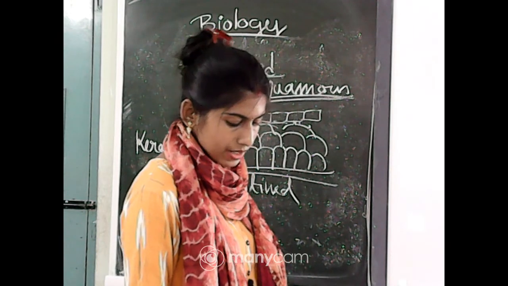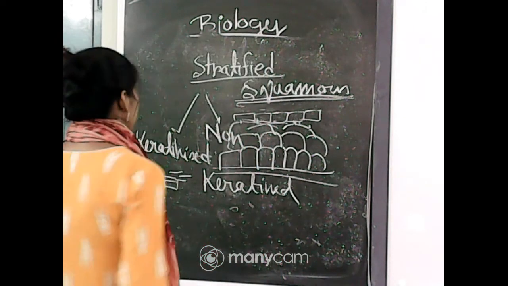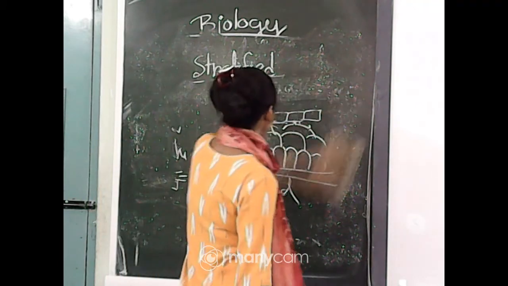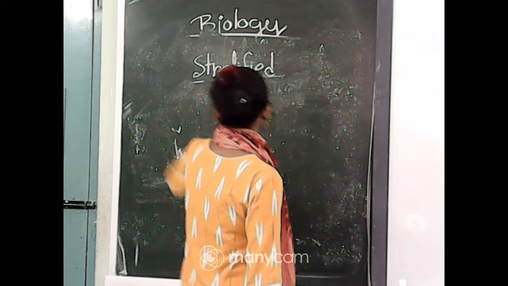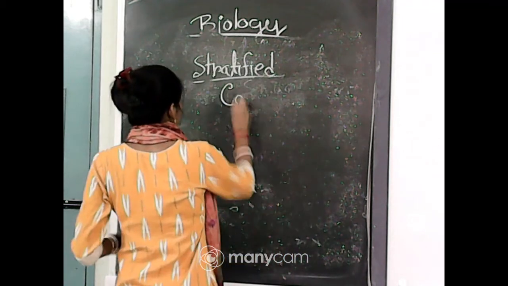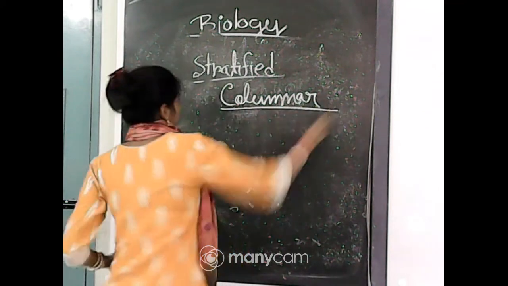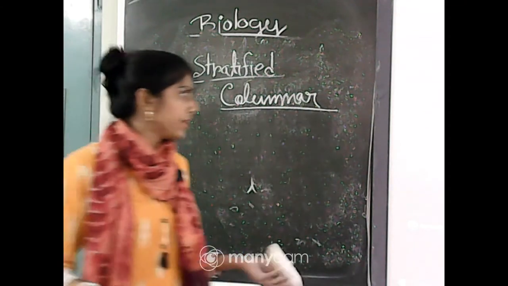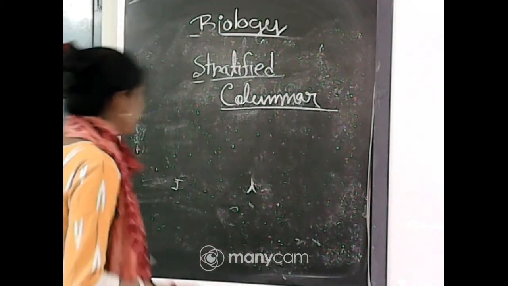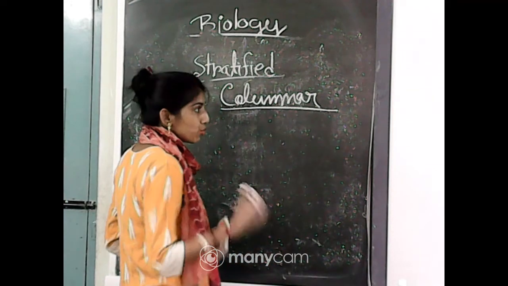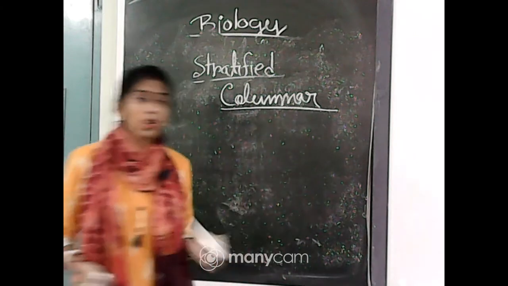So the next part is stratified columnar epithelial tissue. The criteria are the same: they have basement attachment, and their upper or free surface, the superficial layer, will be made up of columnar type of cells.